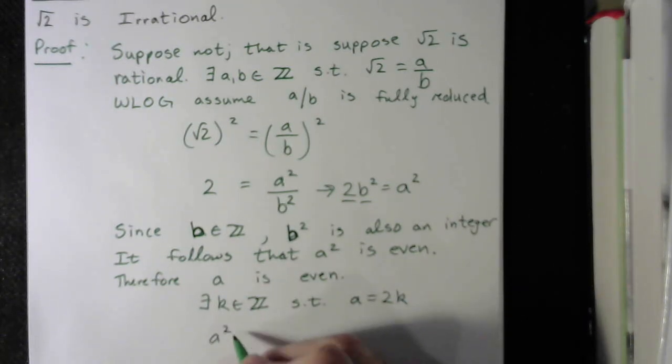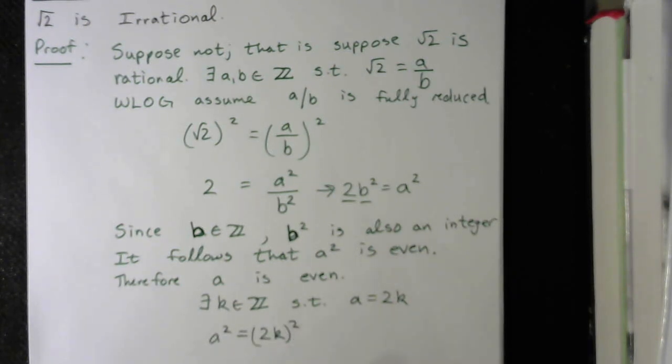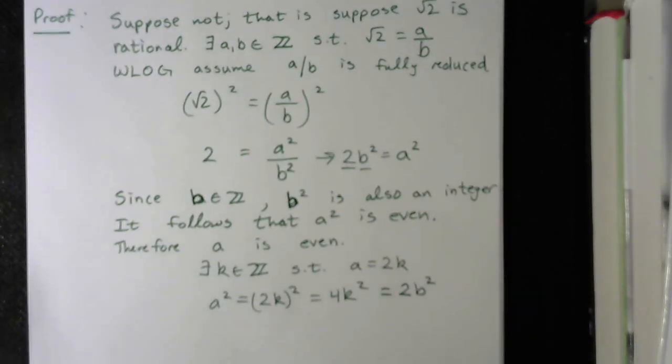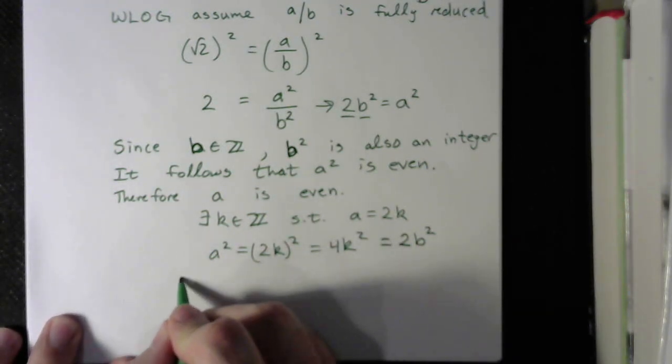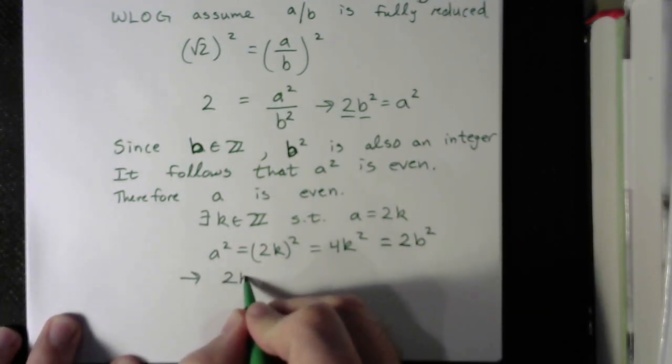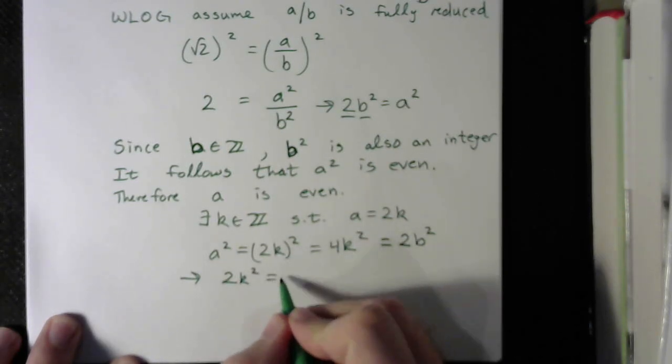And then a squared equals 2k quantity squared, which is 4k squared, and which we know from up here has to be 2b squared. So we're just going to divide both sides of our equation by 2 and get that 2k squared equals b squared.